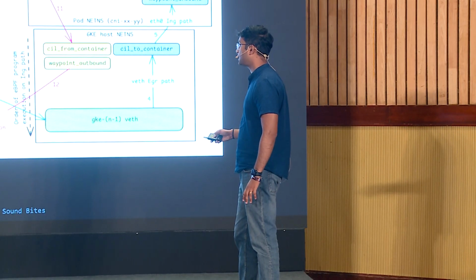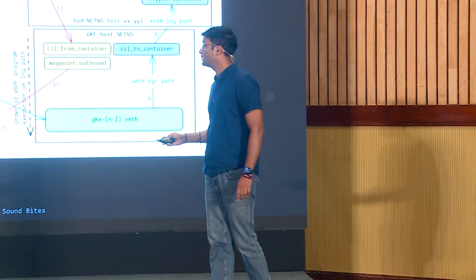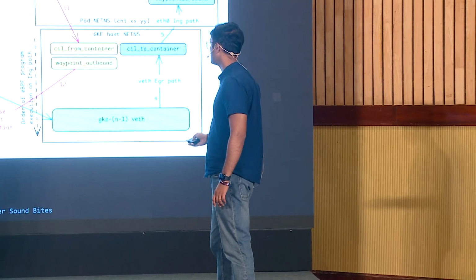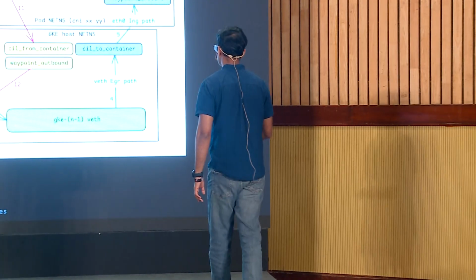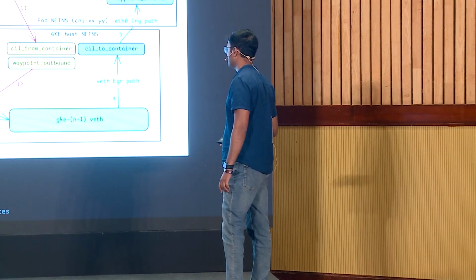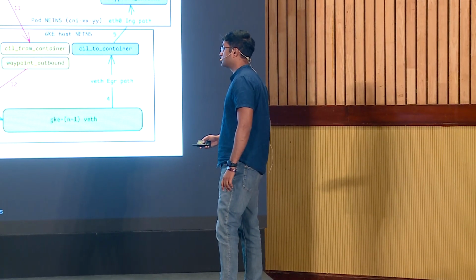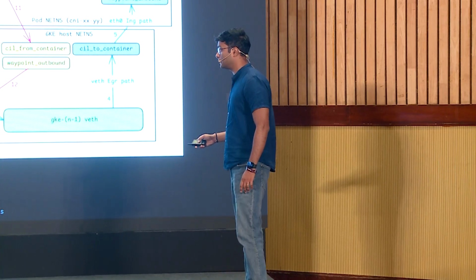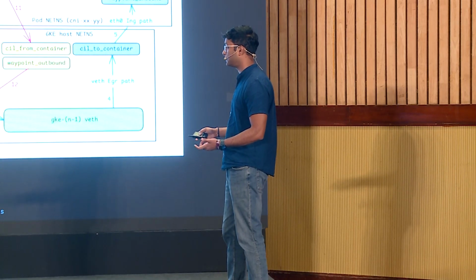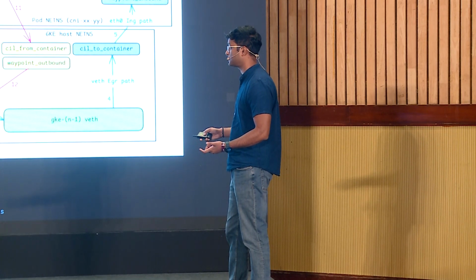We just have our app outbound program run after the cil_from_container, and then that app outbound program makes the decision whether it should be sent to the network interface of the Envoy pod on the same node in the host, or to its natural destination, which is defined by the destination information on the packet itself.